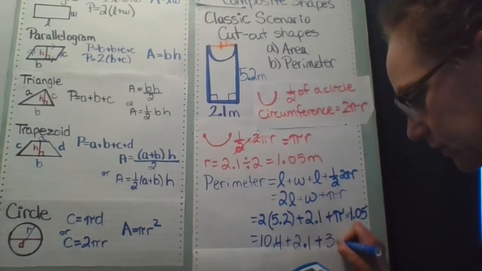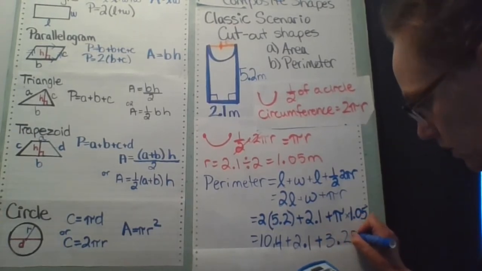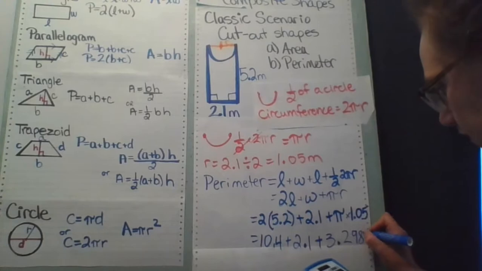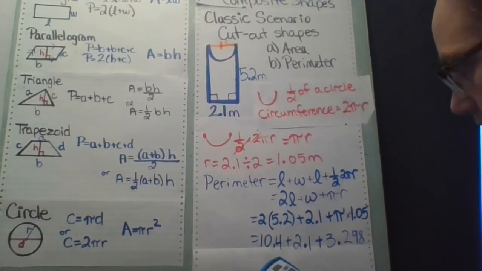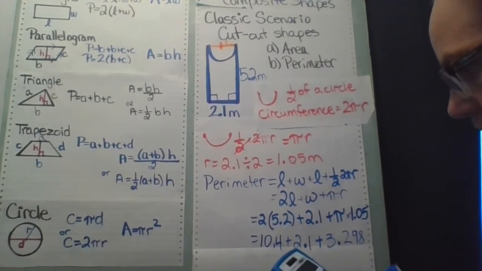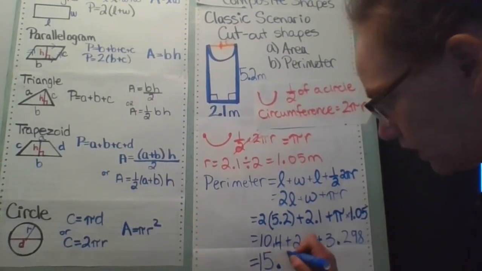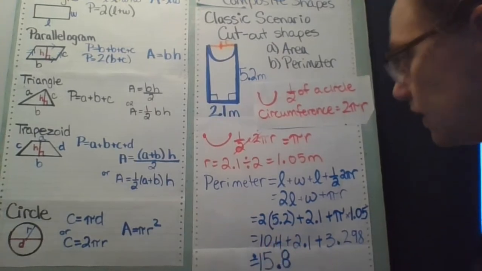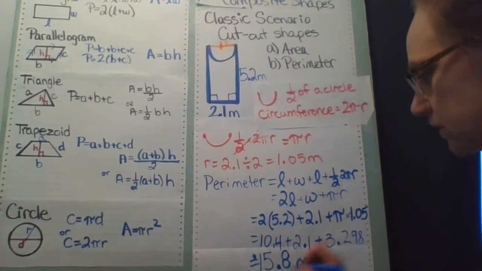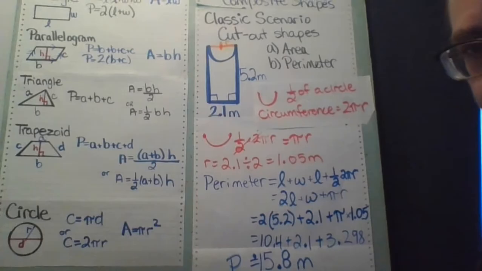So I've got a lot of decimals here, 2.298, oh boy, a whole bunch of stuff. Plus, add them all up. And that I would round to 15.8. I would put meters, because meters is the distance around the outside.